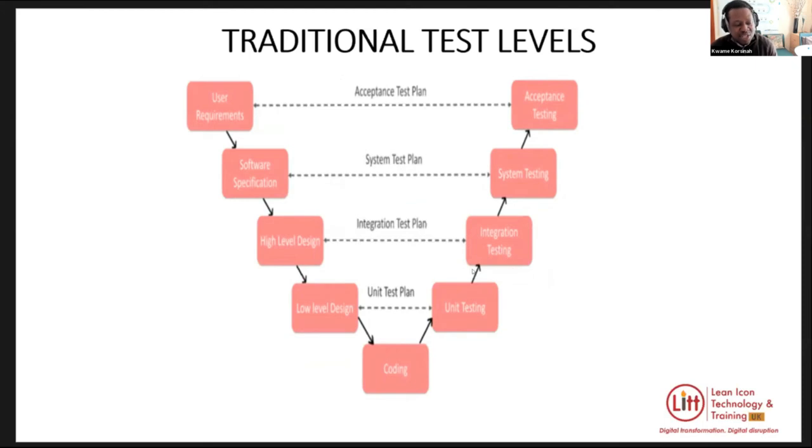Is the V model just something to reflect the correlated testing stages? Yes, that's it. Because this is basically sequential development. Yes. Sequential. Okay.